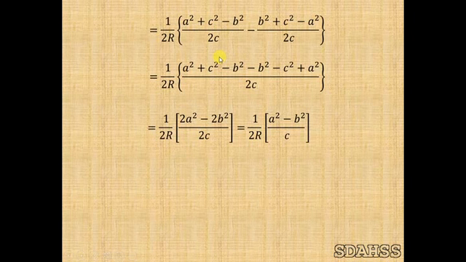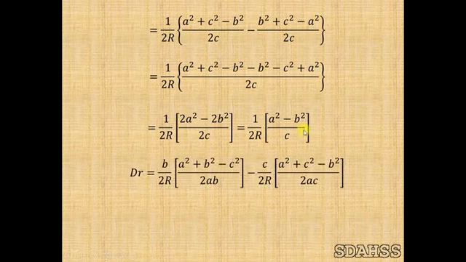Here plus c square minus c square cancel, remaining you have 1 by 2R into a square plus a square, 2a square, minus b square minus b square, minus 2b square, divided by 2c. In the numerator 2 is common, so take outside, so you have 2 into a square minus b square by 2c. 2 cancel, so remaining you have 1 by 2R into a square minus b square divided by c. This is the numerator answer.